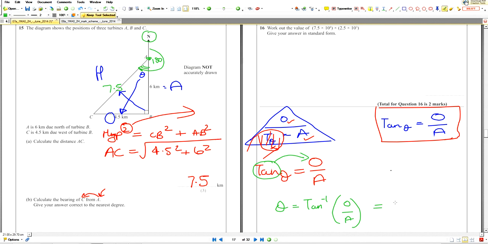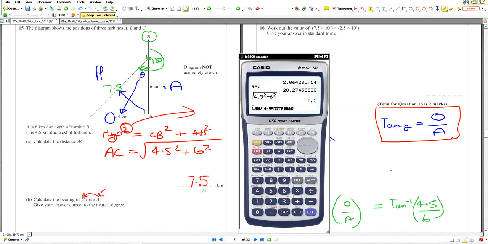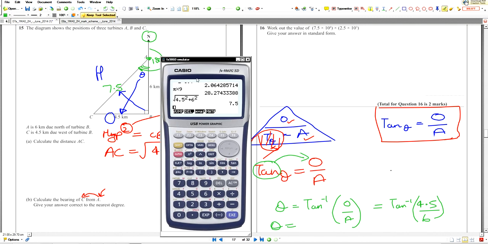So it's tan to the minus 1 of, what is the O value? 4.5. What is the A value, adjacent? 6. So let's work that out, folks, first of all. So the angle here is, get a calculator, move to one side. So press shift, tan to the minus 1, brackets, fraction button, 4.5, replay, bring it to the bottom, 6, replay again, close bracket.